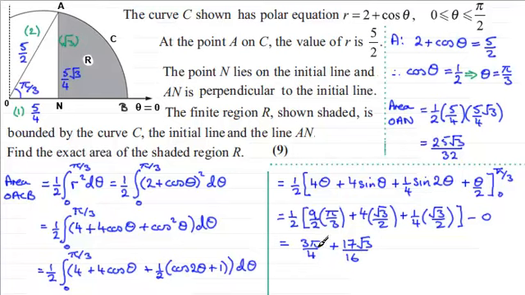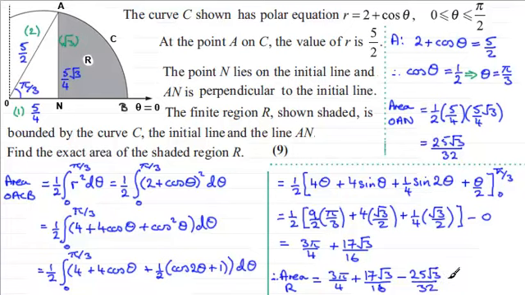Okay, well, now that we've got this area and we've got the area of the triangle OAN, all we've got to do now to get the area of R, so we'll just say therefore area of R equals, is to take this area, 3 pi over 4 plus 17 root 3 over 16, and from this area subtract 25 root 3 over 32.